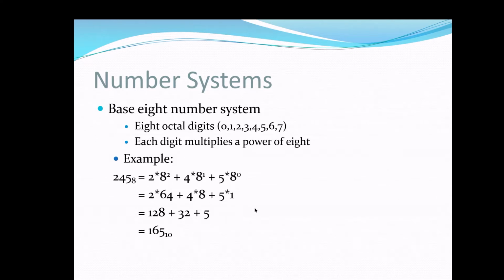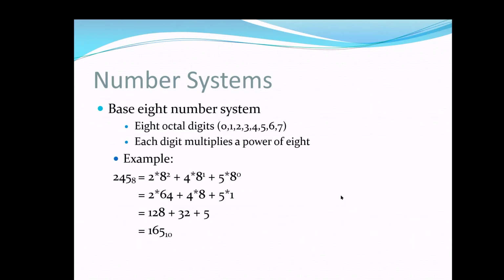Now, base 8 is just using symbols from 0 through 7. So there's 8 symbols, right? If it was base 16, how many symbols would there be? There'd be 16 symbols, and it would go from 0 to 15, right? But what you recognize when you're doing base 16 is that we run out of symbols.